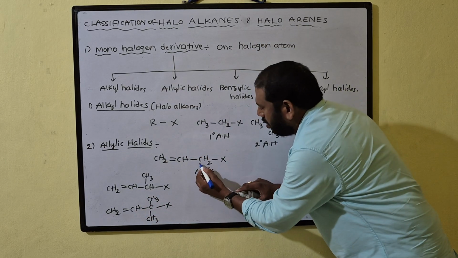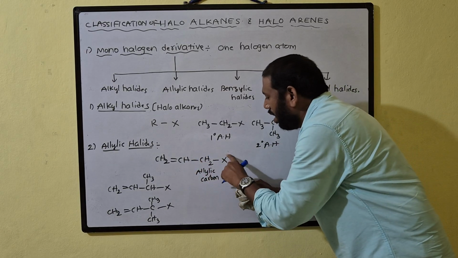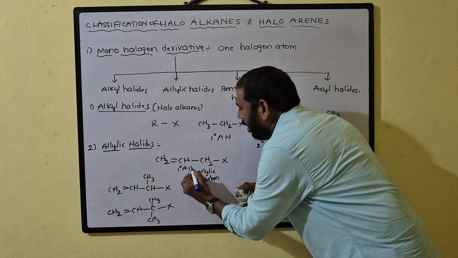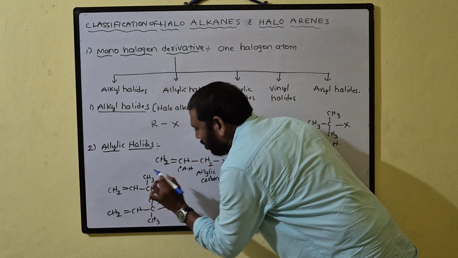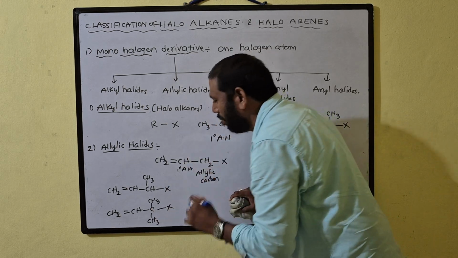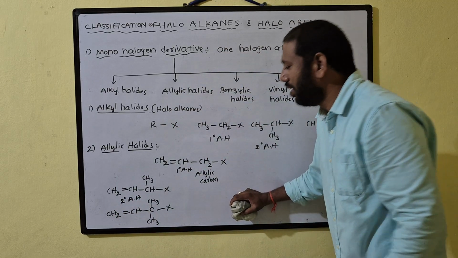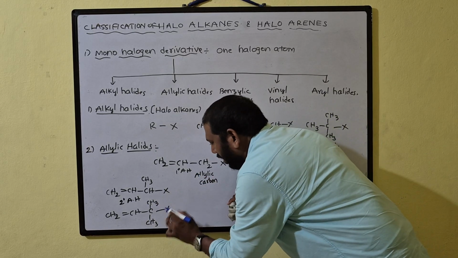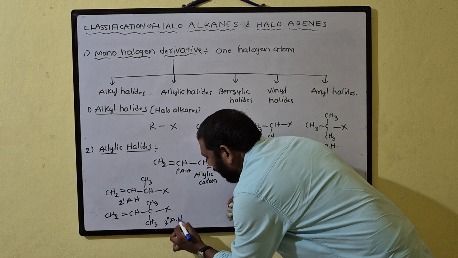In this compound, the carbon is attached to only one carbon, so it is a 1 degree allylic carbon, and the halogen on it makes a 1 degree allylic halide. Here this carbon is directly attached to two carbons, so it is a 2 degree carbon, and halogen on it makes a 2 degree allylic halide. Here this carbon is directly attached to 3 carbons, so it is a 3 degree carbon, and halogen on it makes a 3 degree allylic halide.